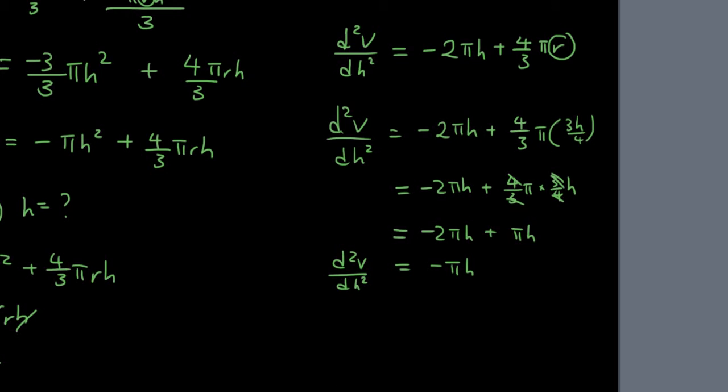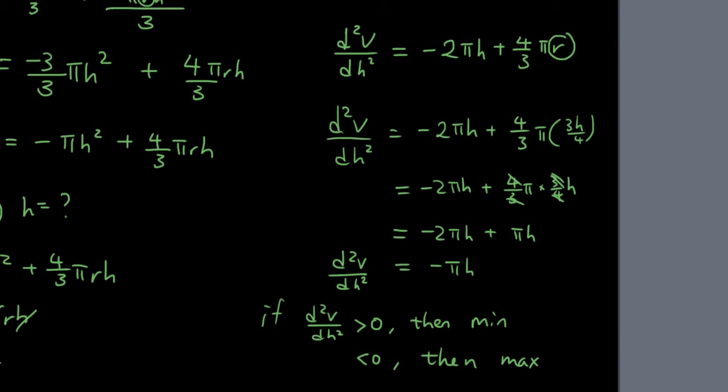Now, if you remember the second derivative test, if the second derivative is bigger than 0, then it's a minimum. If it is smaller than 0, then it's a maximum.